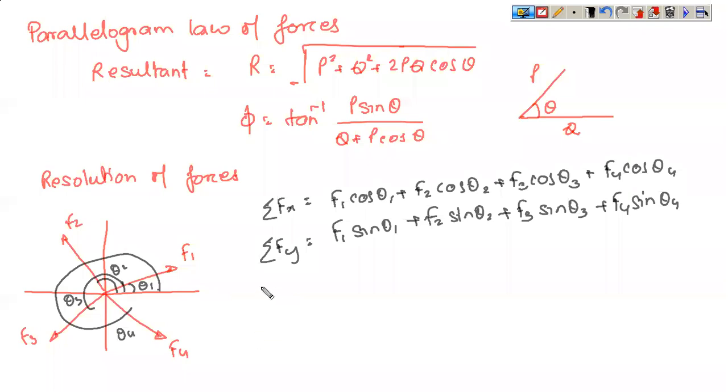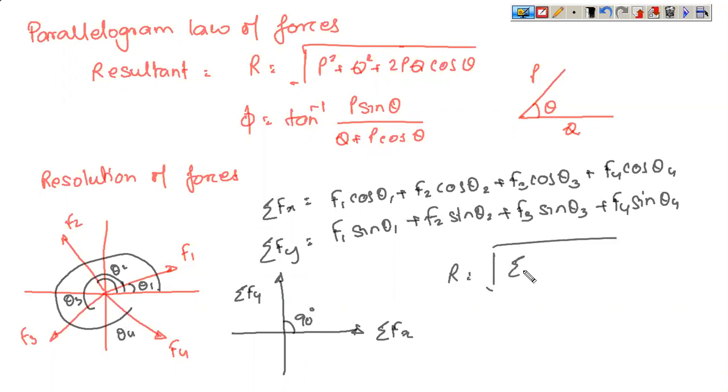Now this force system can be represented like this, where this is sigma fx and this is sigma fy, and the angle is 90 degrees. So now the resultant becomes equal to the square root of sigma fx square plus sigma fy square.